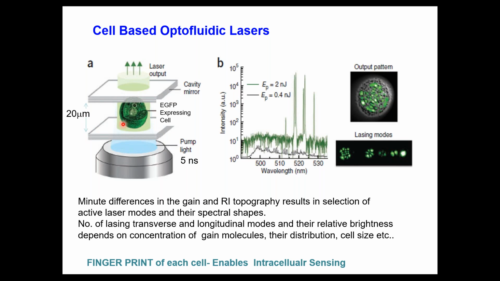So whatever changes happen in between, like the strain or pressure given to this biological sample, that signature will be there in the spectrum coming out of the laser. So it is a fluorescent material doped cell that is actually acting as a laser.